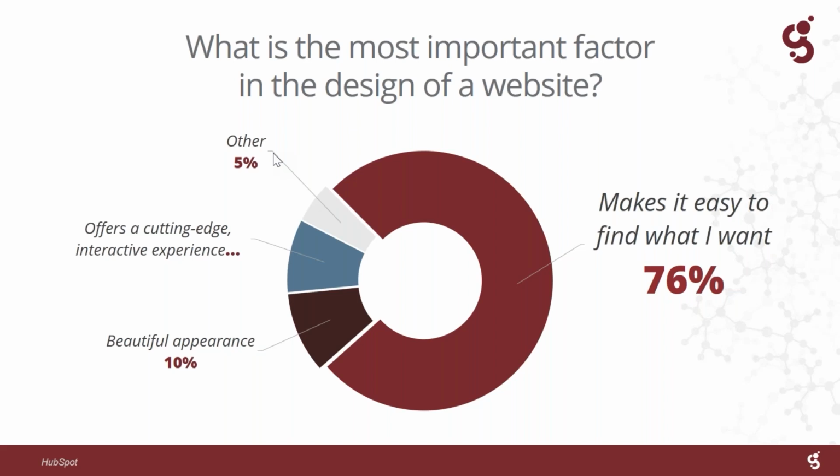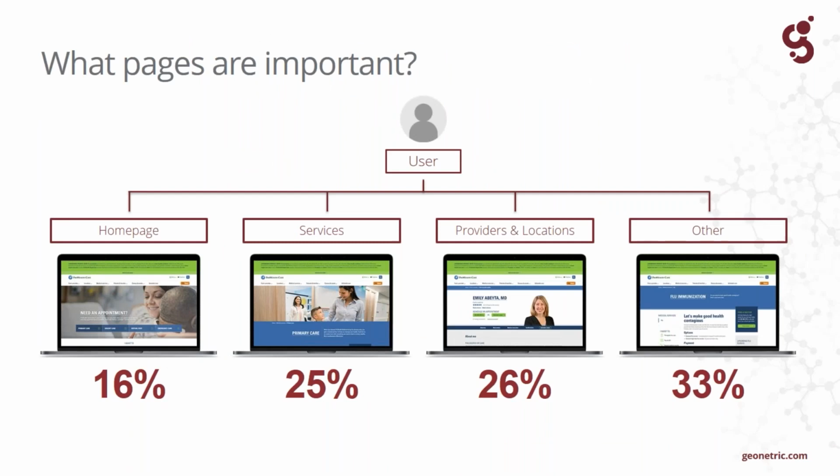So the next question is, do you think it's easy for people to find what they want on your website? When answering that question, you probably have to answer another question: where do they start on my website? And guess where the majority of traffic starts on a hospital website? I looked at our clients' traffic, and we found out that the home page isn't necessarily as important as we thought.